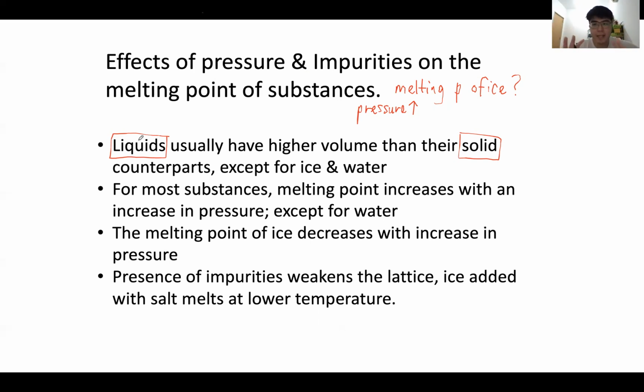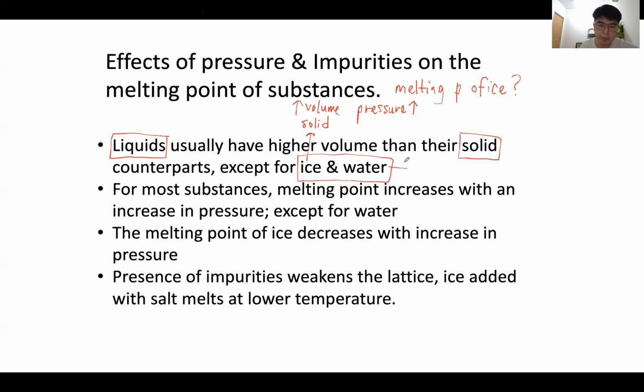But except for ice and water, because ice and water are a bit special. What happens to ice and water? Ice is solid, right? So ice actually has a greater volume than water.